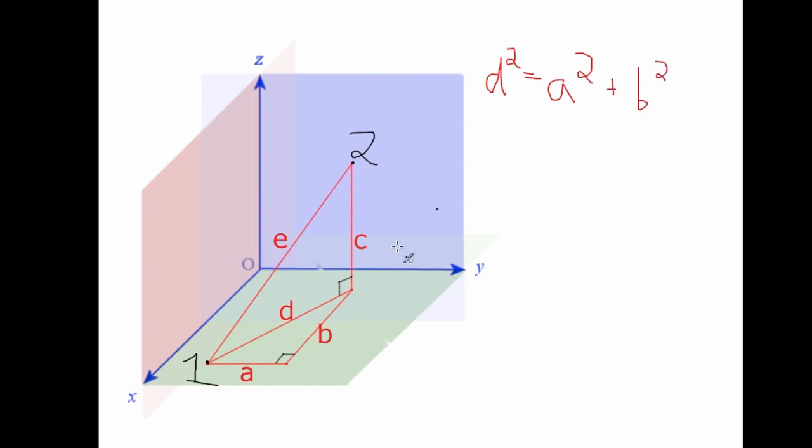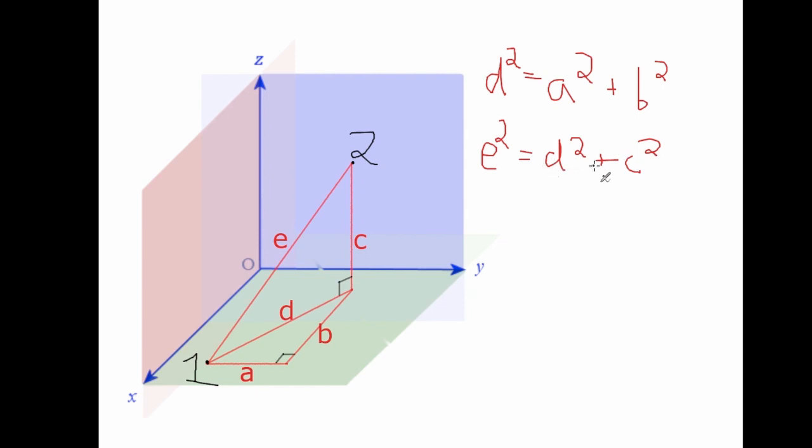And similarly, we can note that E is a hypotenuse of the right triangle with lengths D and C. So we can also write that E squared is equal to D squared plus C squared.